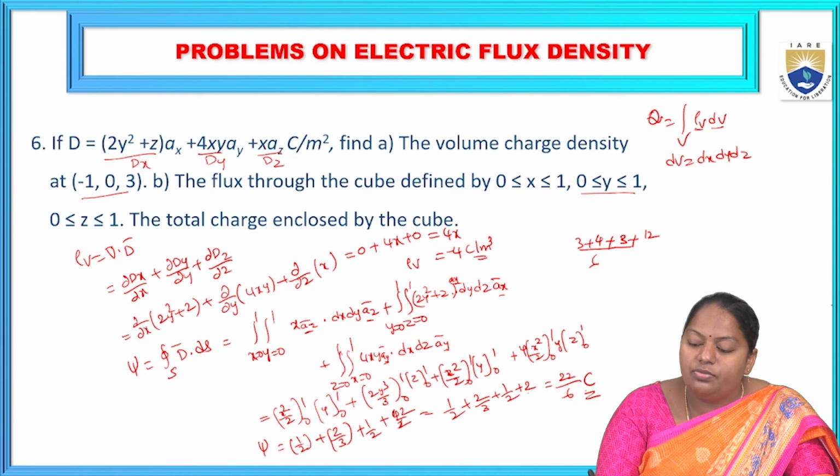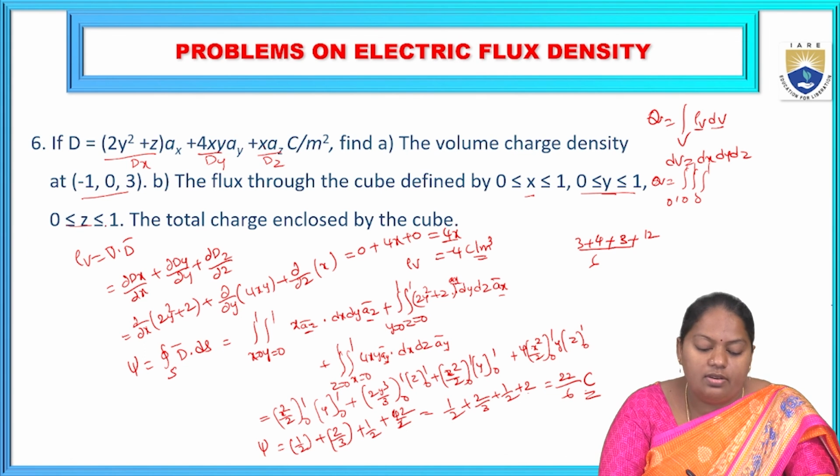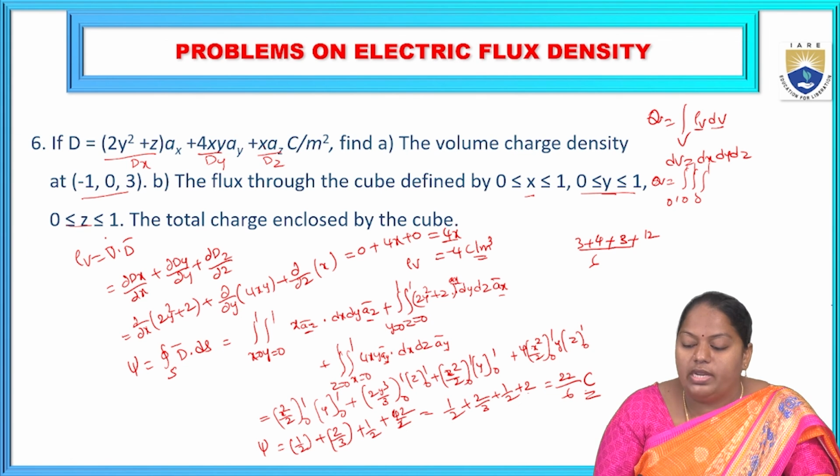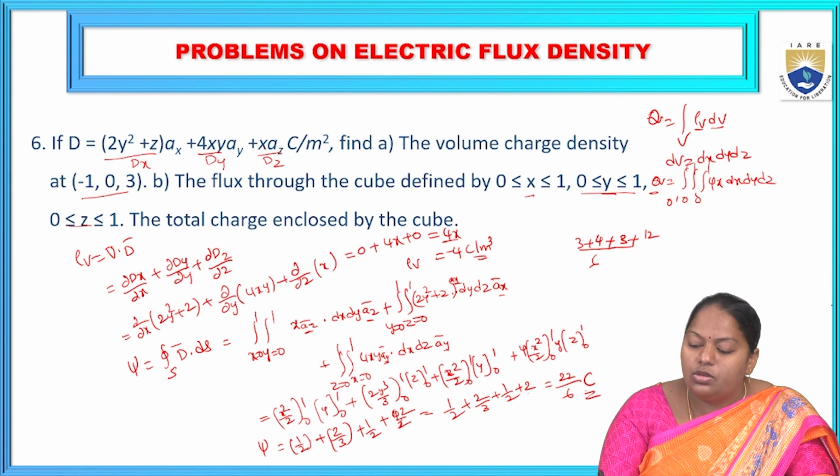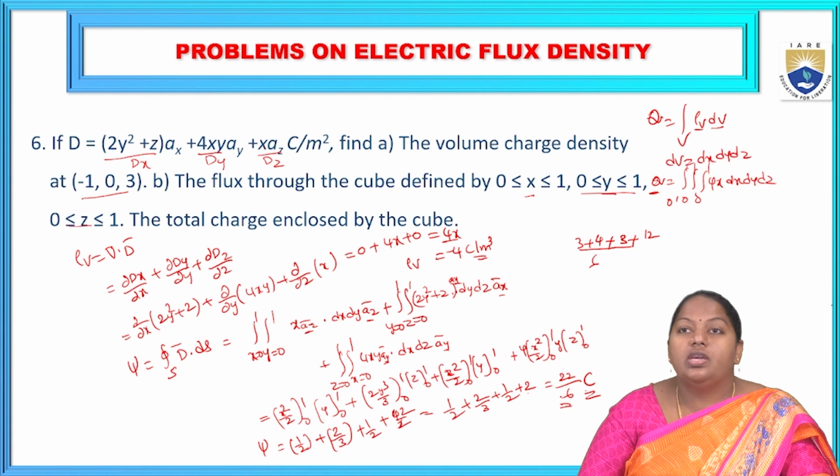In place of rho v, if we consider the value as 4x, Q can be written as a triple integral with limits 0 to 1 for each, because x, y, z range from 0 to 1 itself, of 4x dx dy dz. Upon simplifying, this Q and this psi must be equal.